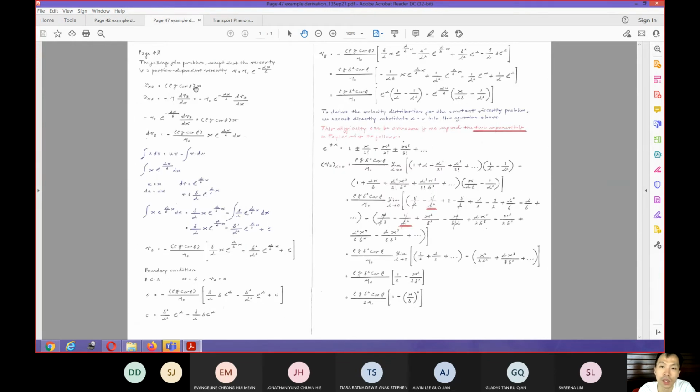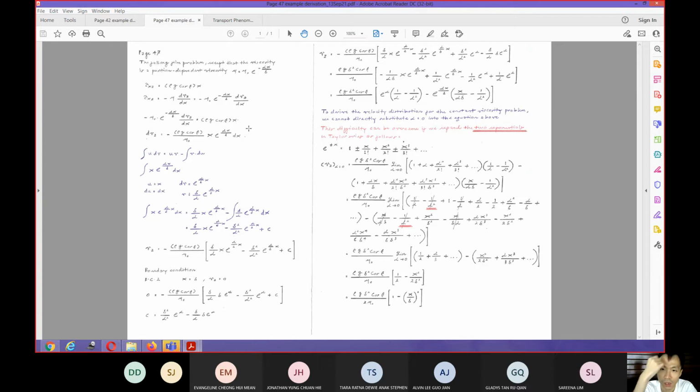We start with tau xz equals rho g cos beta times x. Now we have tau xz equal to minus mu dvz over dx. So now we put in mu equal to mu naught exponential of minus lx divided by theta, times dvz over dx.